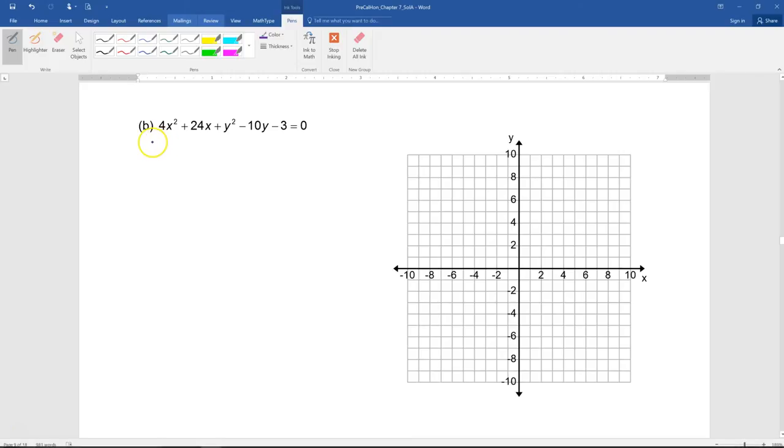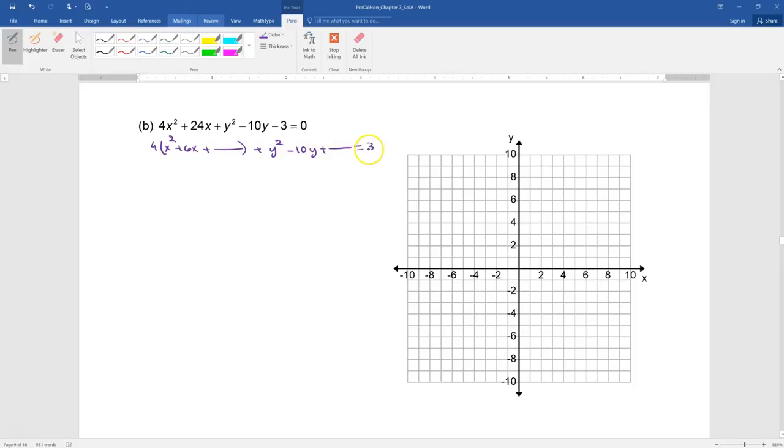So it's 4 x squared plus 6x plus a number, plus y squared minus 10y plus a number, equals 3 plus 4 times a number plus a number. It has to be symmetric. So the number that goes in the first blank is what? 9 and 9, and 25 and 25.